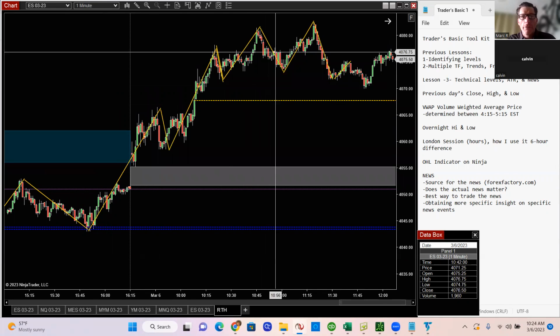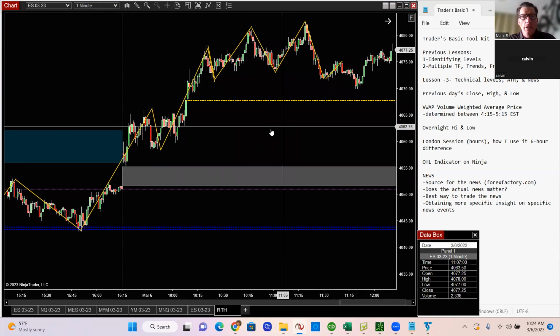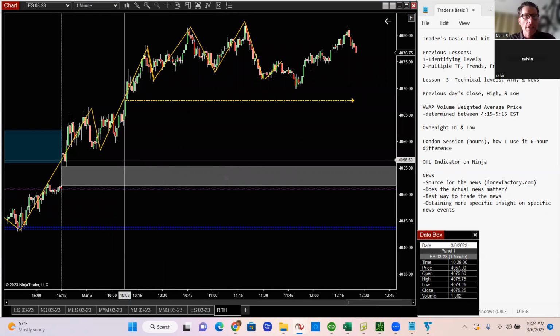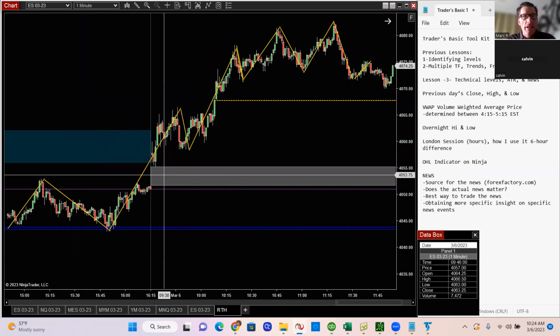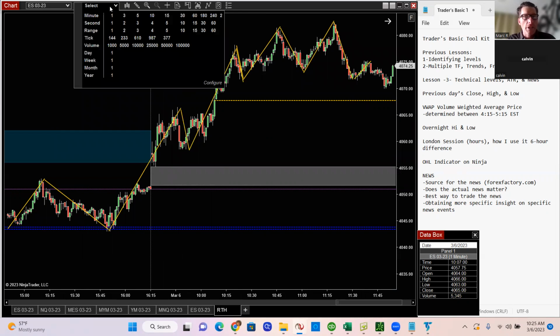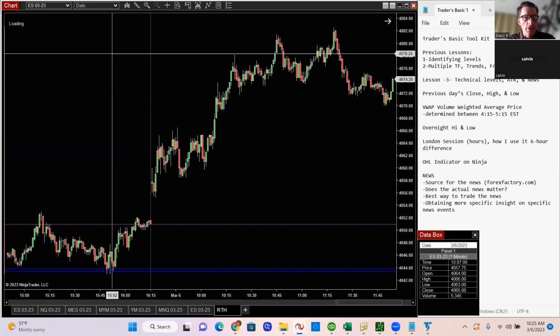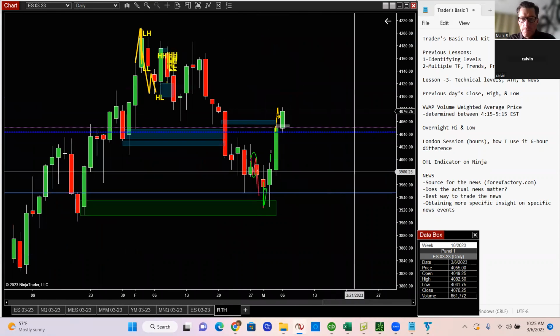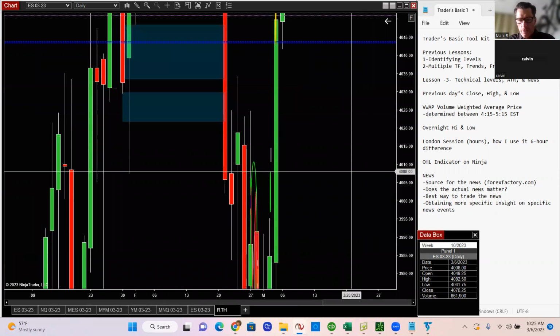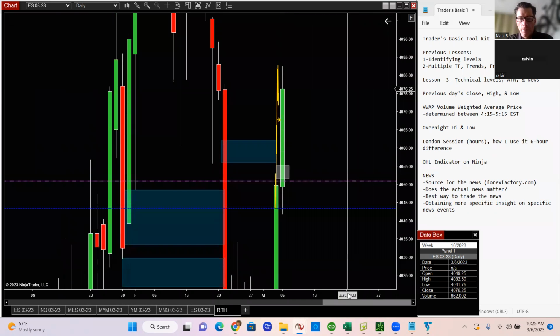It'll show me this gap on every other timeframe: 5-minute, 10-minute, 30-minute, 240-minute. But it won't show me this gap on a daily chart. If I switch to a daily real quick, you'll see what I'm talking about. See that gray box? That gray box represents the gap.